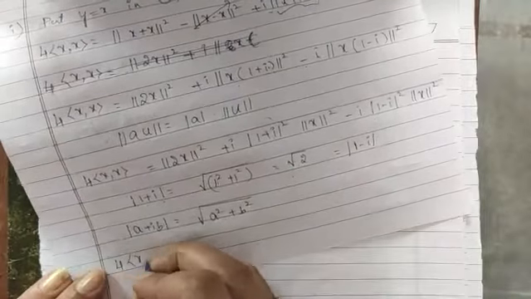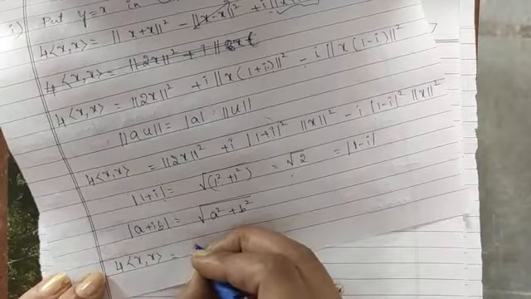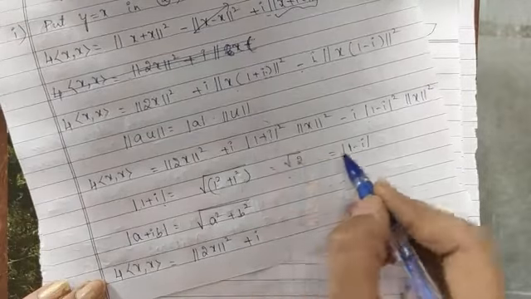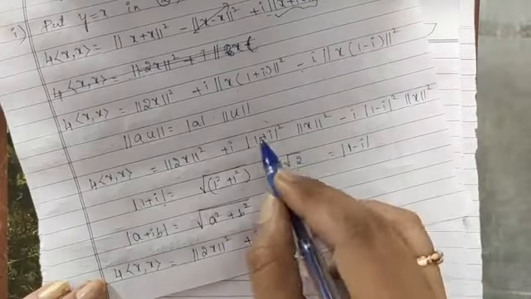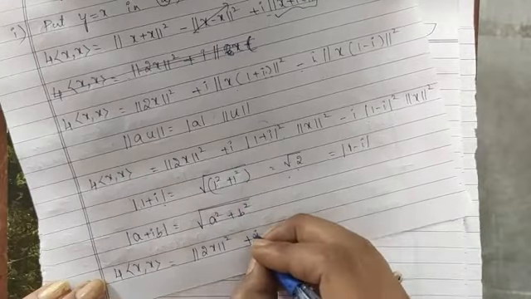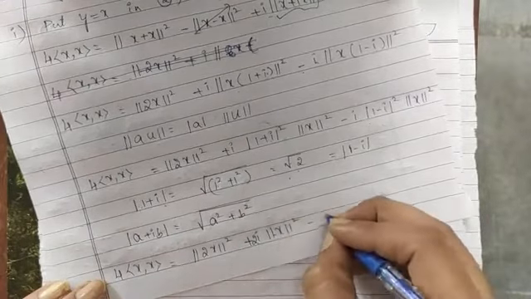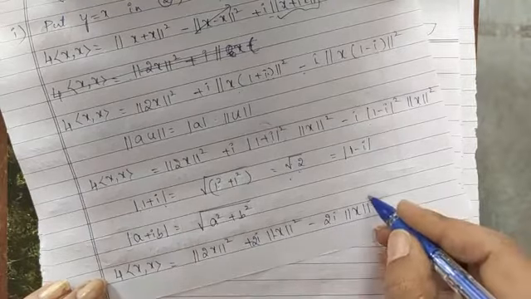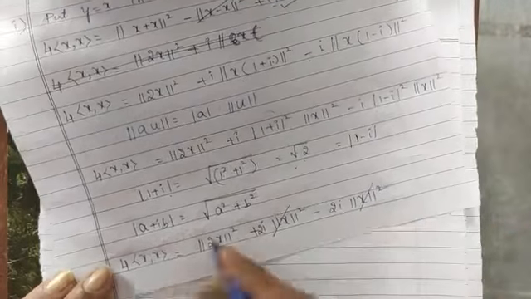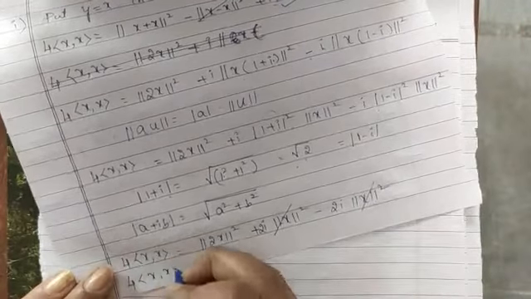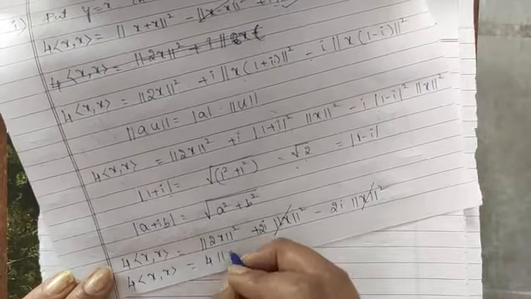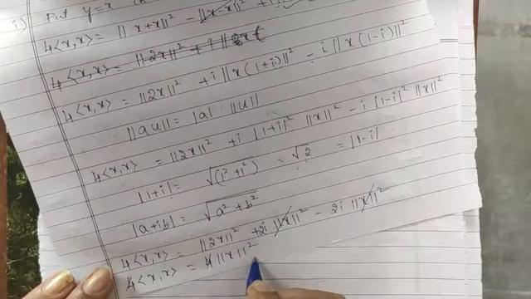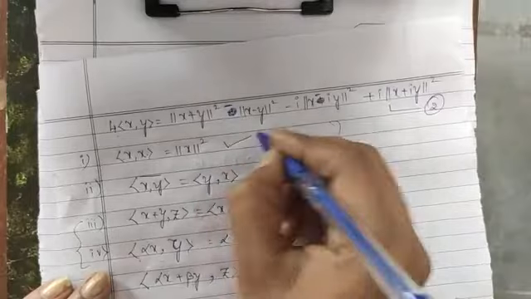You will get 4 into the inner product of x comma x is equal to norm 2x square plus i into, mod of 1 plus i is root 2, so if you take the square, you will get 2 into norm x square minus 2 into i into norm x square. This cancels out. So you will get 4 into the inner product of x comma x is equal to 4 into norm x square. The 4 gets cancelled. So you will get the inner product of x comma x is equal to norm x square. So the first property holds good.